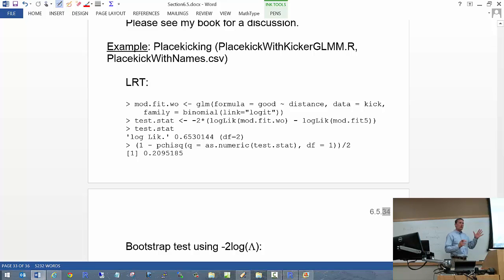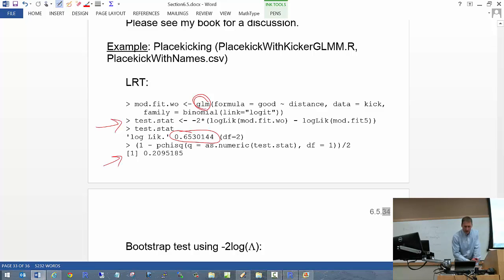So the likelihood ratio test using a chi-square 1 approximation. The model under the null hypothesis does not have that random effect in there. So because of that, I can simply use GLM to estimate that model. I can then form my likelihood ratio test statistic in very much the same manner as we did a few minutes ago. I get a -2 log lambda of 0.653.